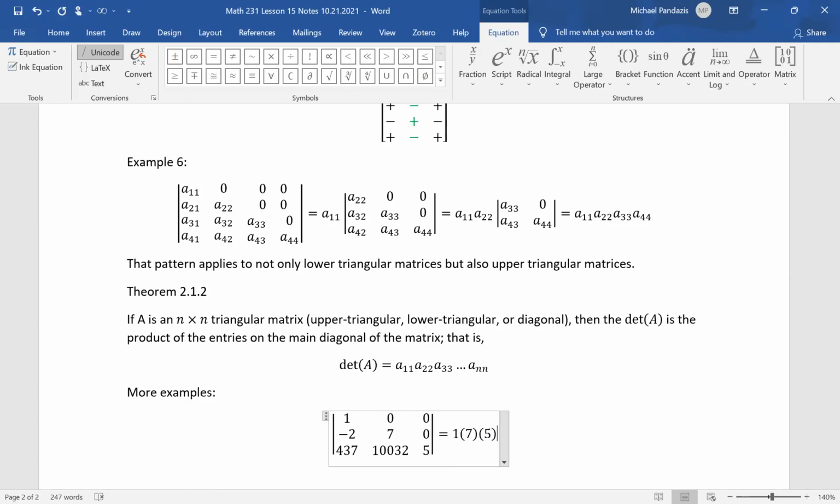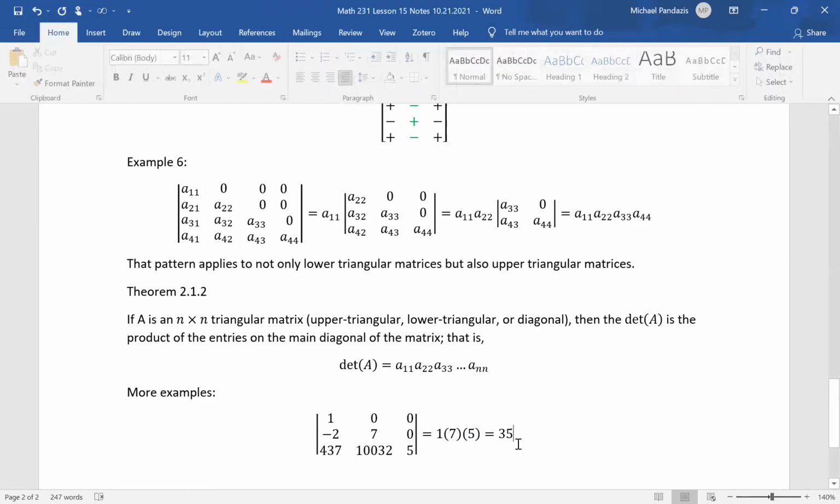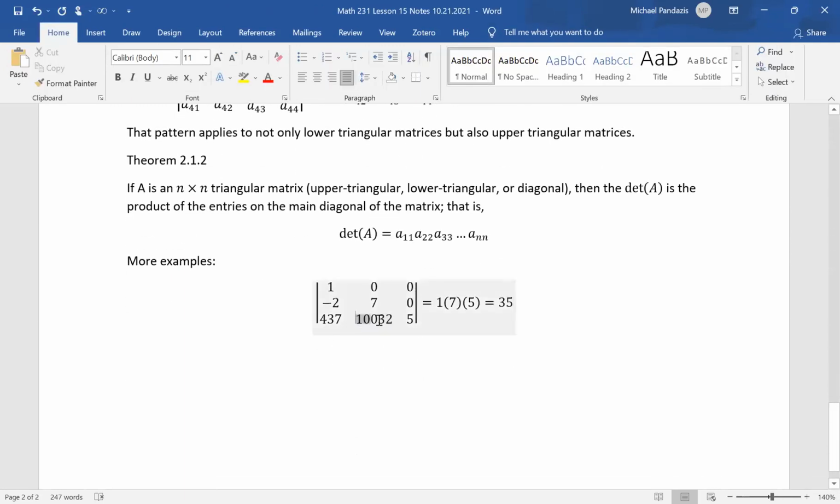And so the determinant of this matrix is 1 times 7 times 5, which is 35. Even though there's an entry with 10,032 and another entry with 437 and -2, none of these entries matter because its determinant is determined by the product of the entries on its main diagonal. So it's good to know that shortcut.